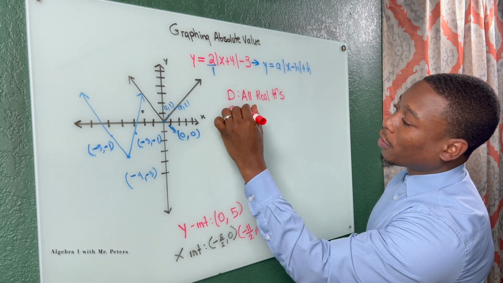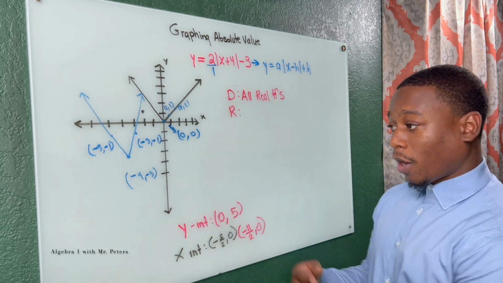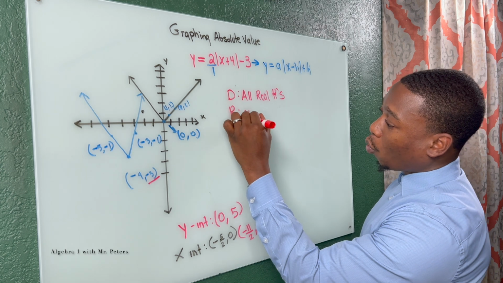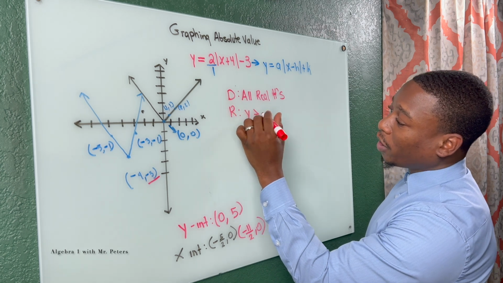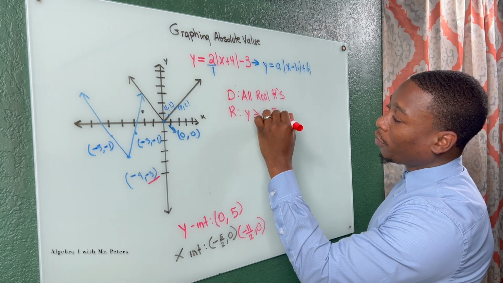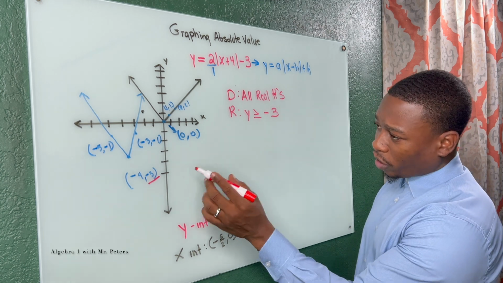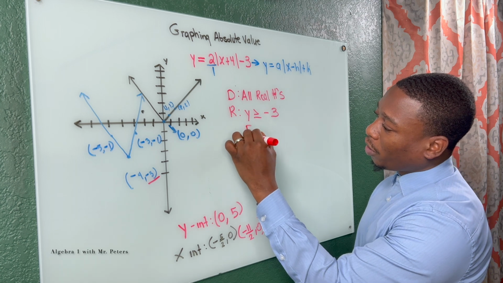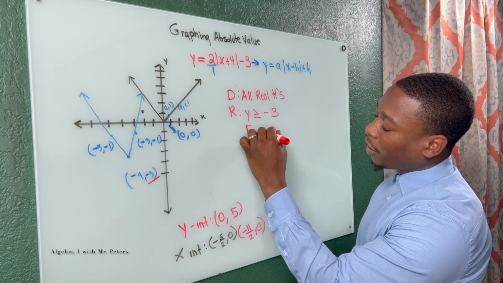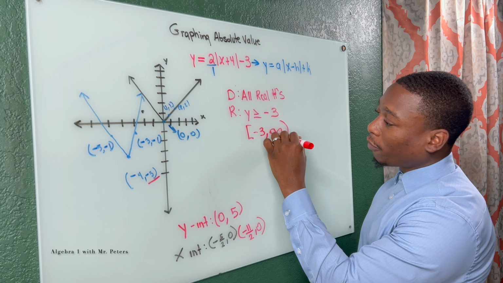If they ask us for the range, right, we know that y is greater than or equal to negative 3. If you express it with interval notation, because that answer is included, we have a bracket, negative 3 to infinity.